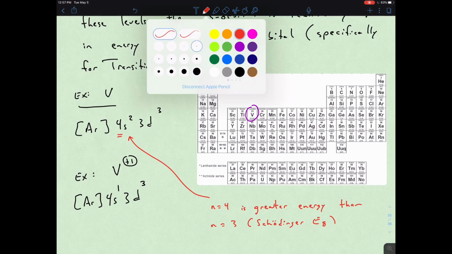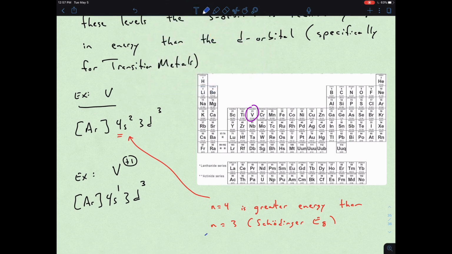So that's why we remove from the 4s in this particular example. So that would be vanadium plus 1.